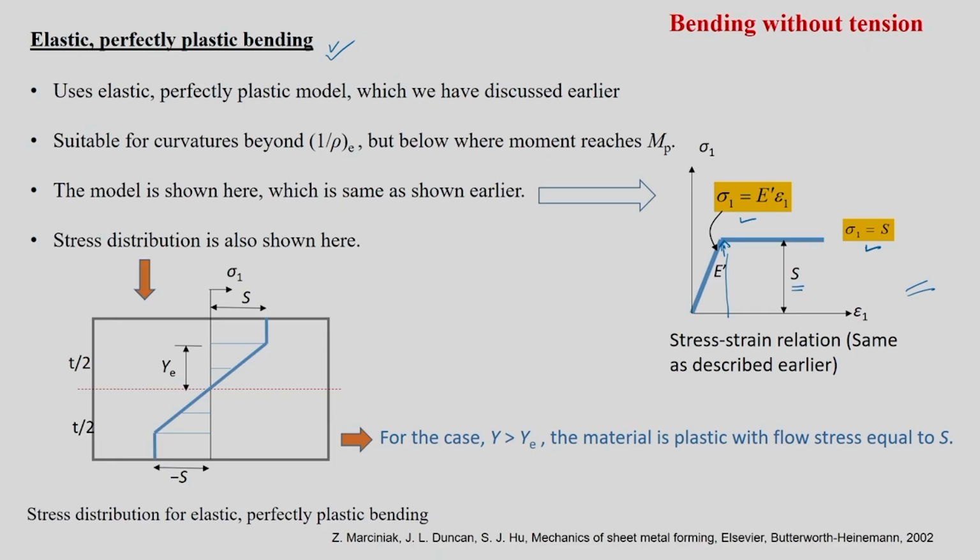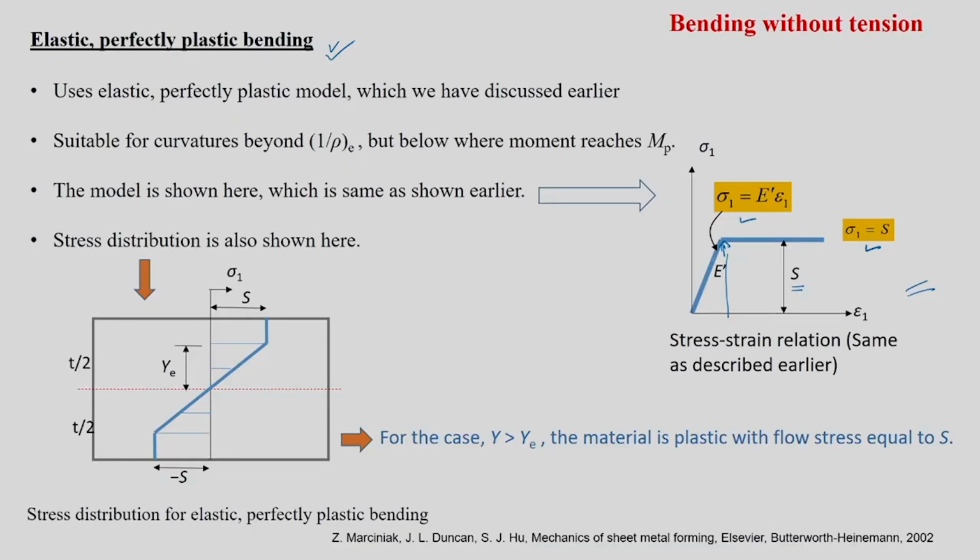In bending we have seen only 3 cases so far. In the first case, elastic bending, we took only the first part of the curve. Now, as the heading suggests, elastic perfectly plastic bending is suitable for curvatures beyond 1 by rho E, which is the limiting case of 1 by rho.